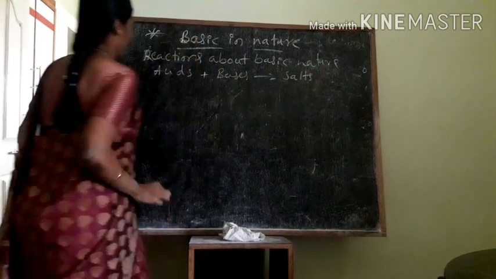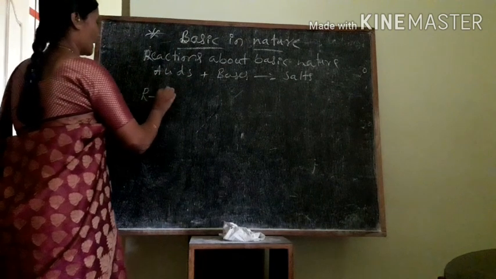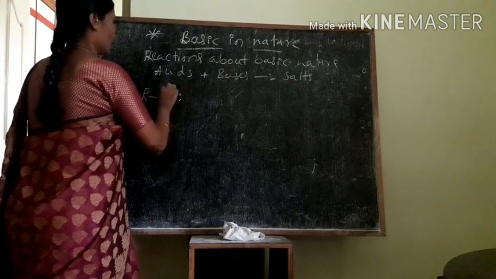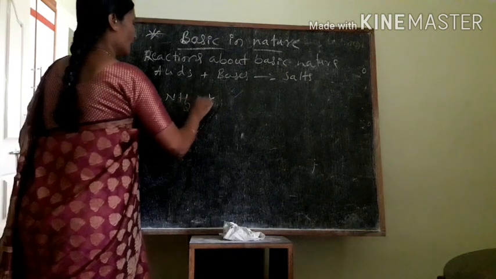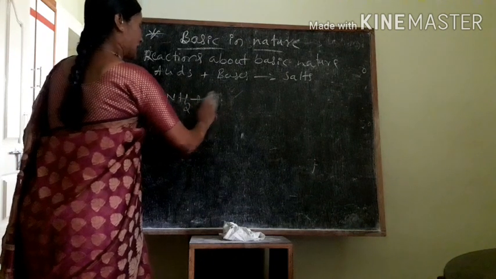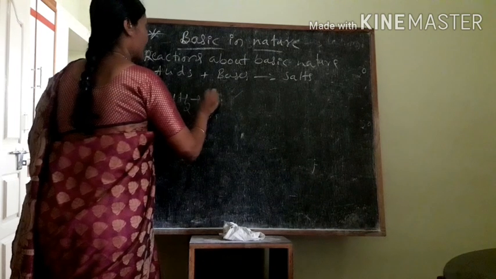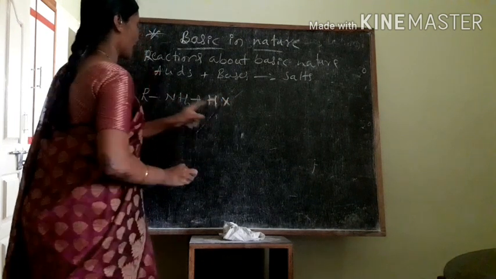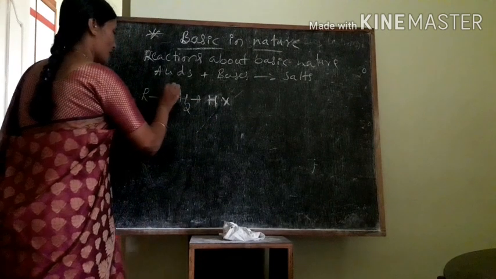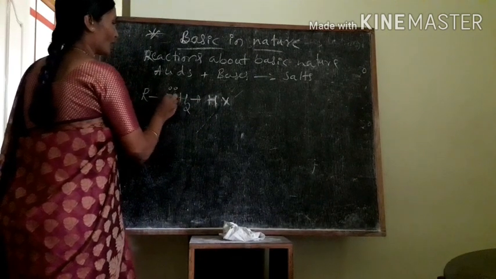Let me take, for example, RNH2 and one mineral acid, HX. I will take this as the acid. This is the base, with a lone pair of electrons.